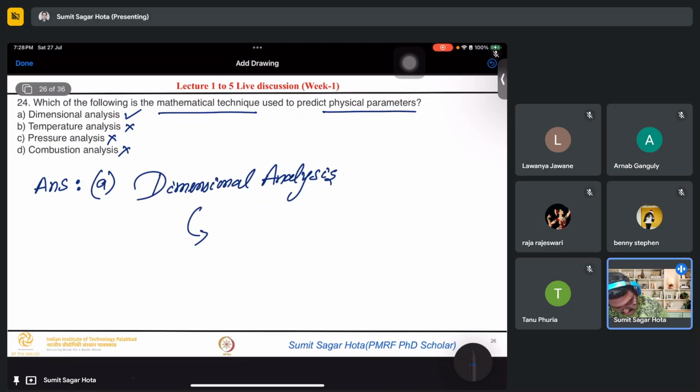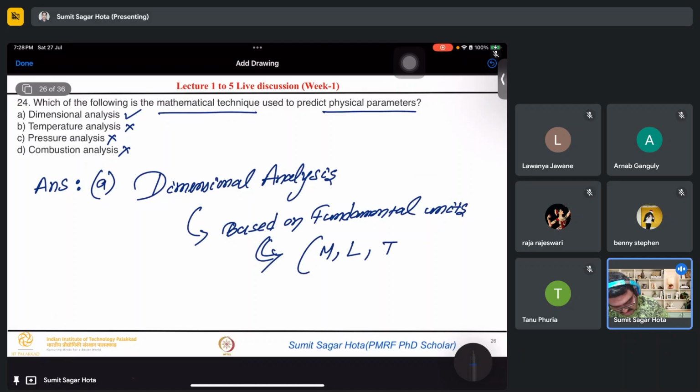So this is based on fundamental units. Mass, length, time, sometimes theta for temperature.